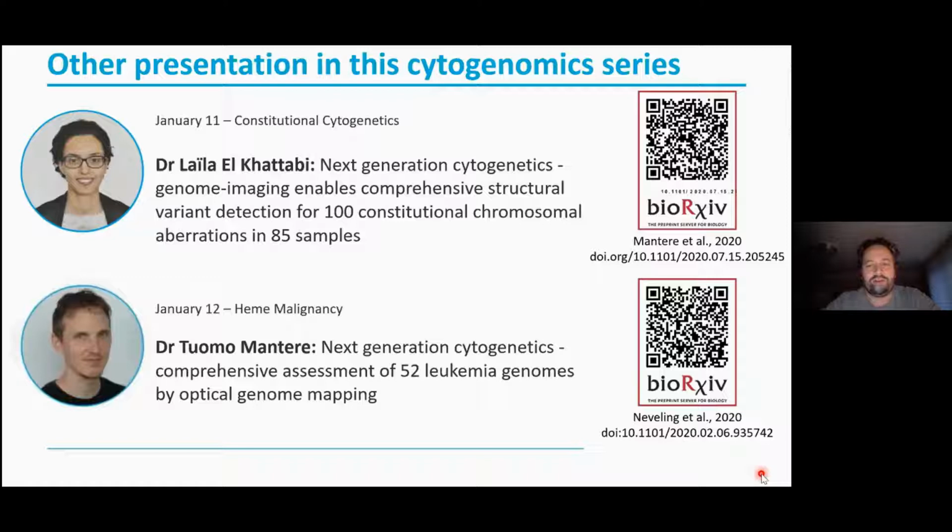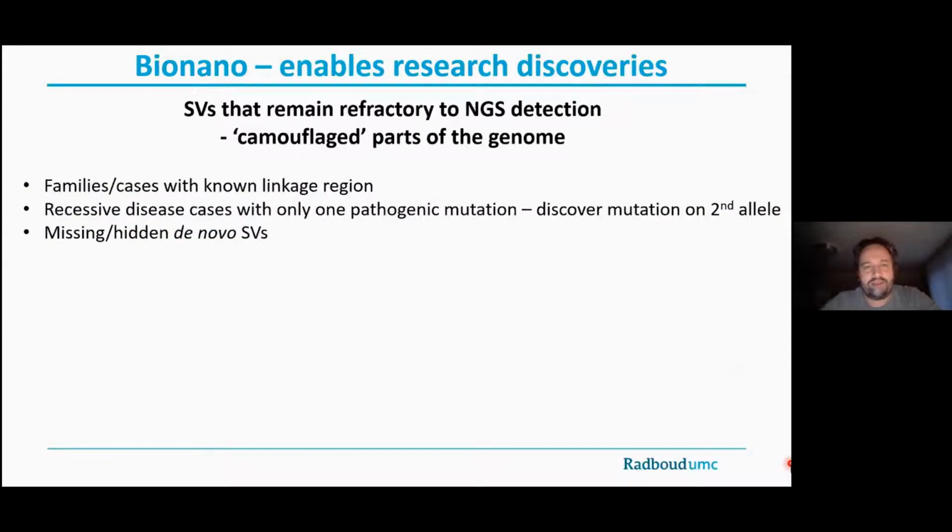So I hope you'll attend those seminars as well, and if you're interested in more underlying data, I would refer you to the two bioRxiv preprints that we already have posted. But now to the main topic of today's seminar.